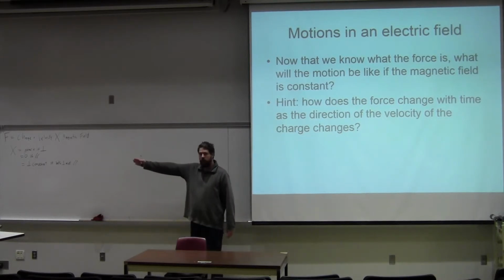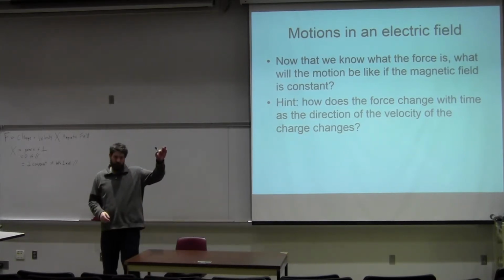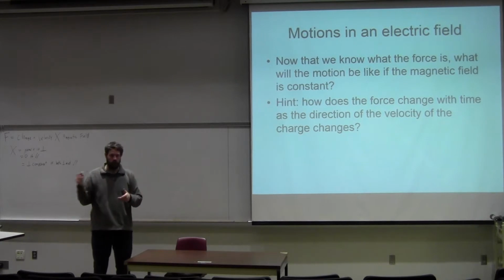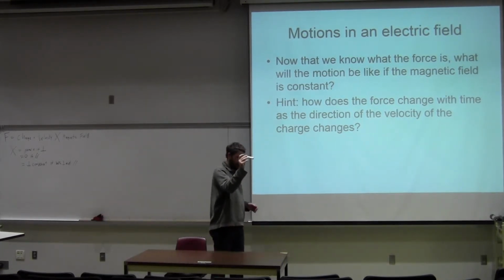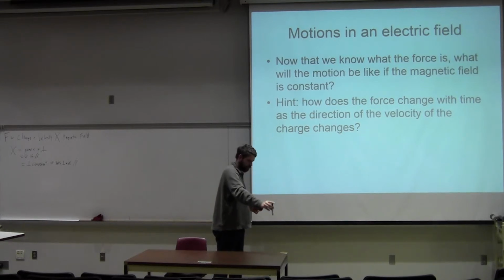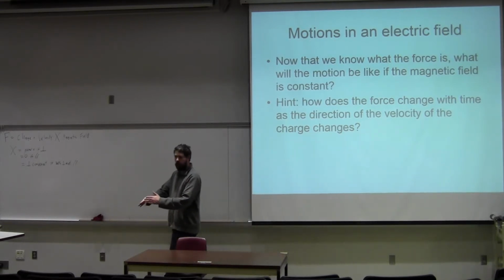So, moving this way, there's no force this way, so I'm going to keep moving that way. This is very similar to something else. If I throw the pin this way, there's no force in this direction, it keeps going this way, and there's a force downward. So what happens? It arcs. So I'm going to start to arc in this direction.